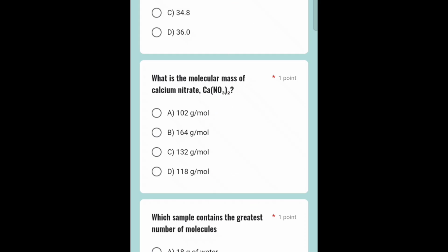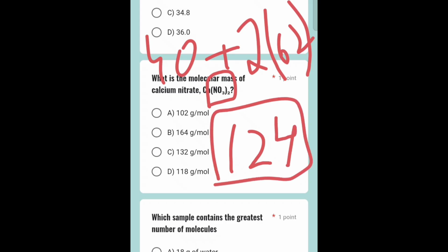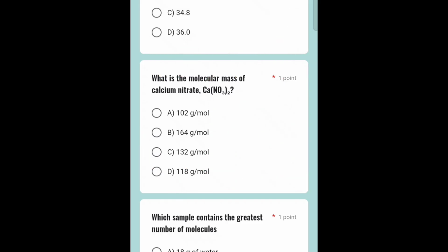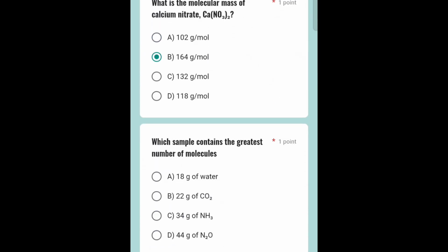So calcium is 40, and we will add NO3 twice: N is 14 and O is 16, so 3 oxygens make 48, plus 14, and it will be 62. 62 multiplied by 2 will be 124, and adding 40 to it, it will be 164 grams per mole. Gram per mole is the unit of molar mass, or molecular mass, or formula mass, you can say.